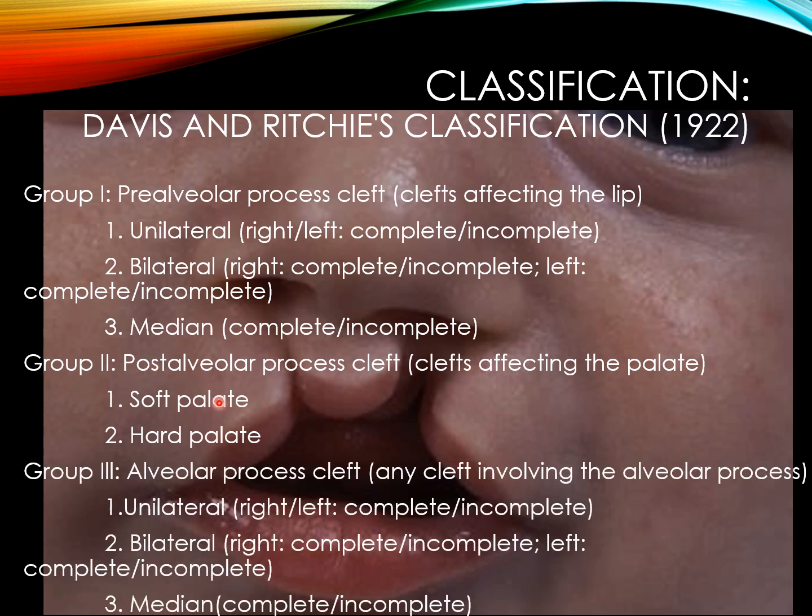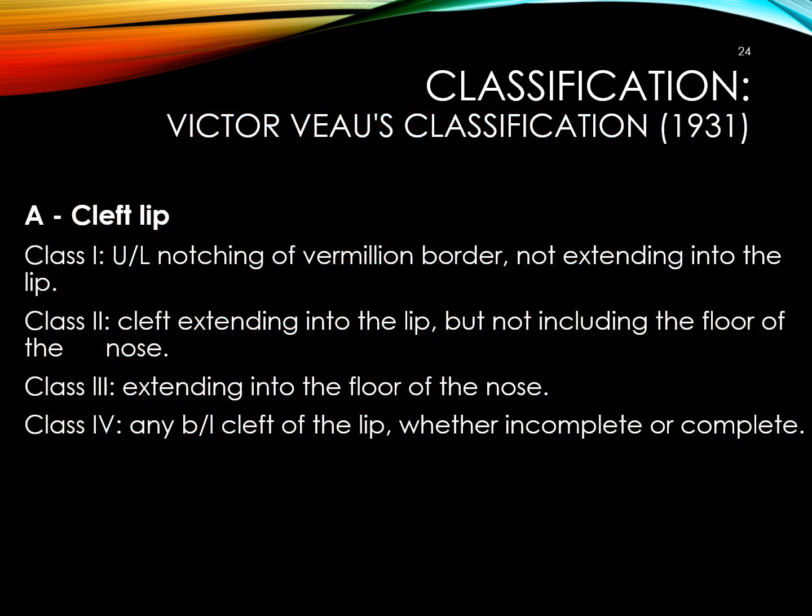And the third group, alveolar process cleft, any cleft involving the alveolar process. It can be unilateral, right or left, complete or incomplete; bilateral, right, complete or incomplete, and left, complete or incomplete; and median, complete or incomplete.